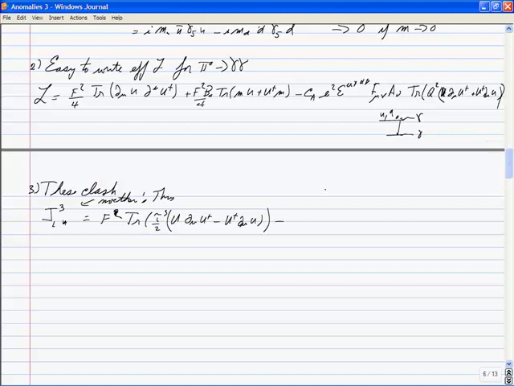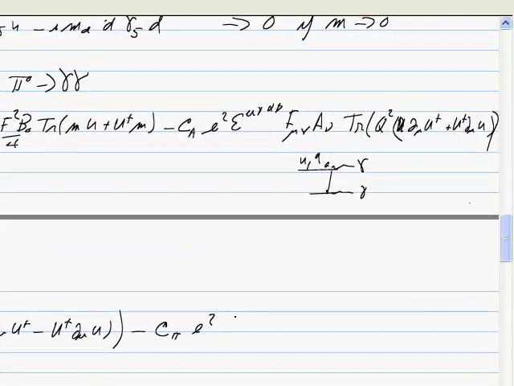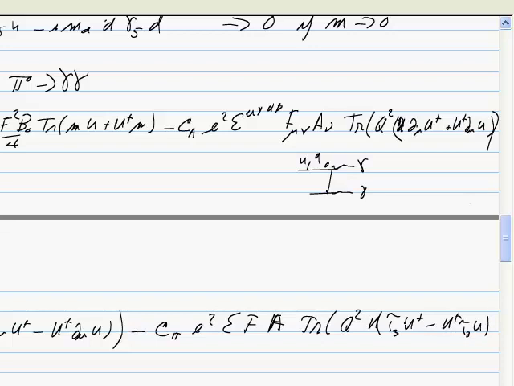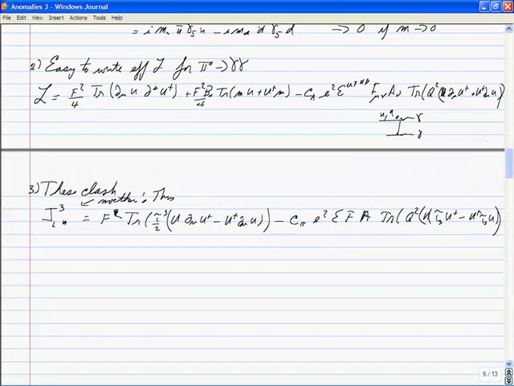And then there's another piece here, which is C_π e squared epsilon F A, and then it comes along here, trace of Q squared, U τ3 U dagger minus U dagger τ3 U. So in other words, the derivative up there is just replaced by τ3.